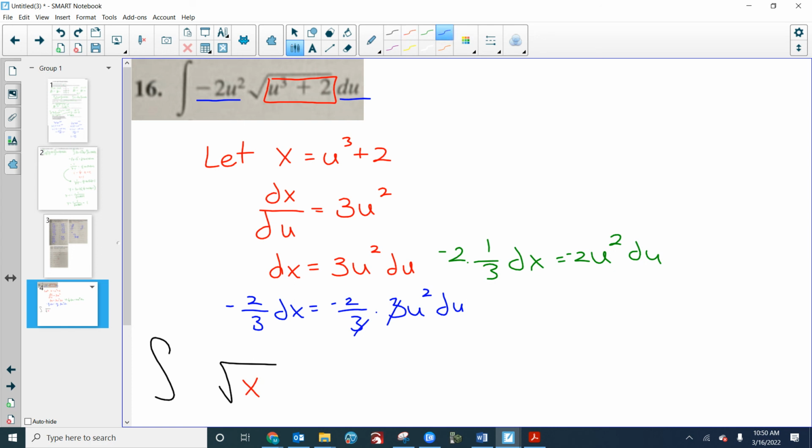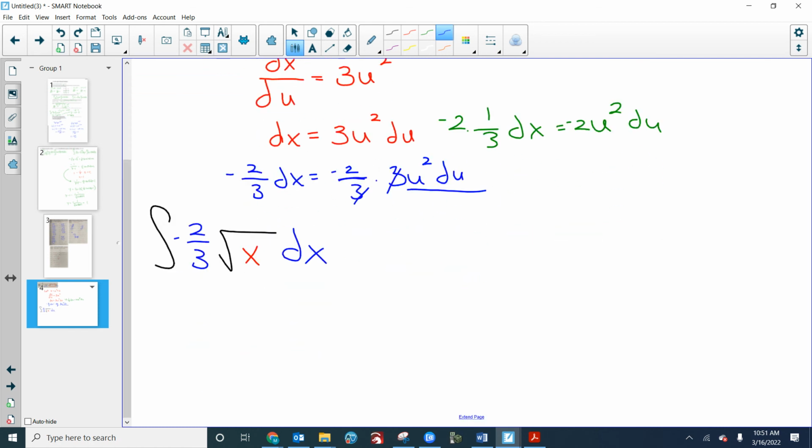And our -2u squared du turns into -2/3 dx. We know this antiderivative. The -2/3 goes along for the ride. The antiderivative of x to the 1/2 is 2/3 x to the -1/2. Yes, yes. Plus a constant.